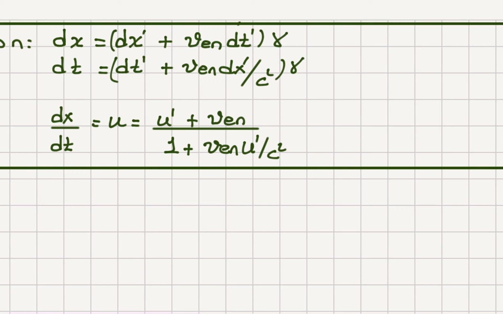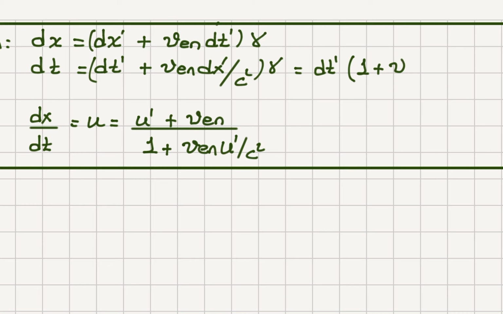So this is actually dt prime times 1 plus v enemy u prime over c square times gamma. Then I divide the top equation with this so that dx prime dt prime is u prime. dt prime divided by dt prime is 1, so I get v enemy. Divided gammas cancel. 1 plus v enemy u prime over c square.